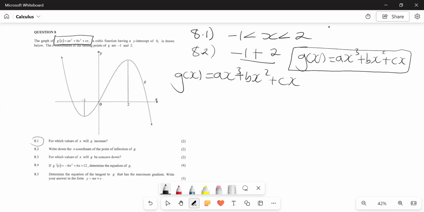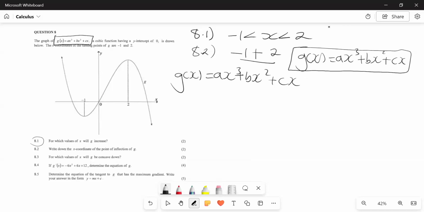Obviously, we would need to say plus d, but our d is equal to 0, so we don't use d, because we would just be saying plus 0. Hence, we say ax cubed plus bx squared plus cx.